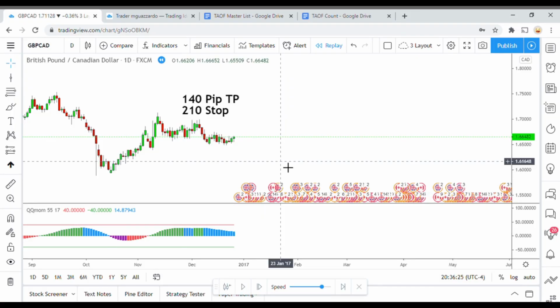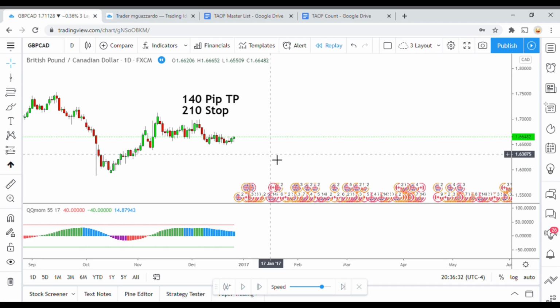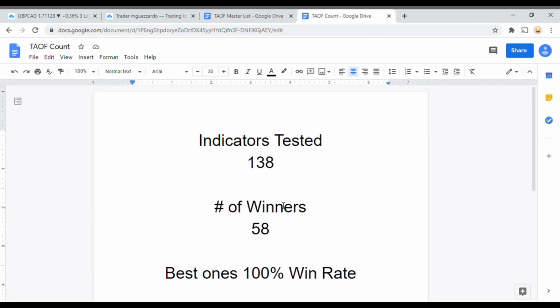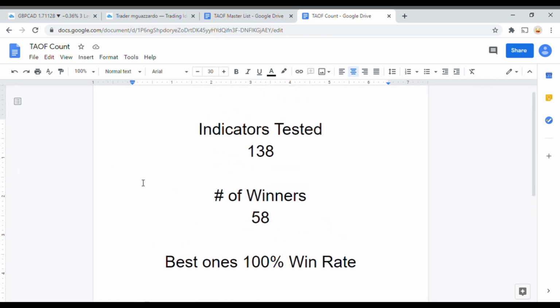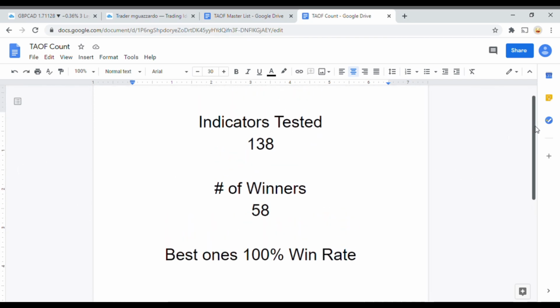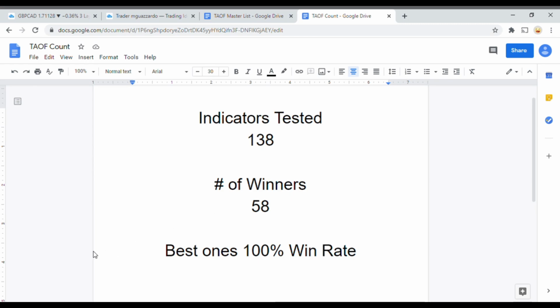All right, as I said, today we will be testing the QQ momentum indicator. But before we do, I wanted to put the indicator scoreboard up for everyone to see. So to date, we have tested 138 indicators. Out of those 138 indicators, 58 of them have been winners, which means that they have met or exceeded the 60% win-loss ratio threshold that we have set for them.